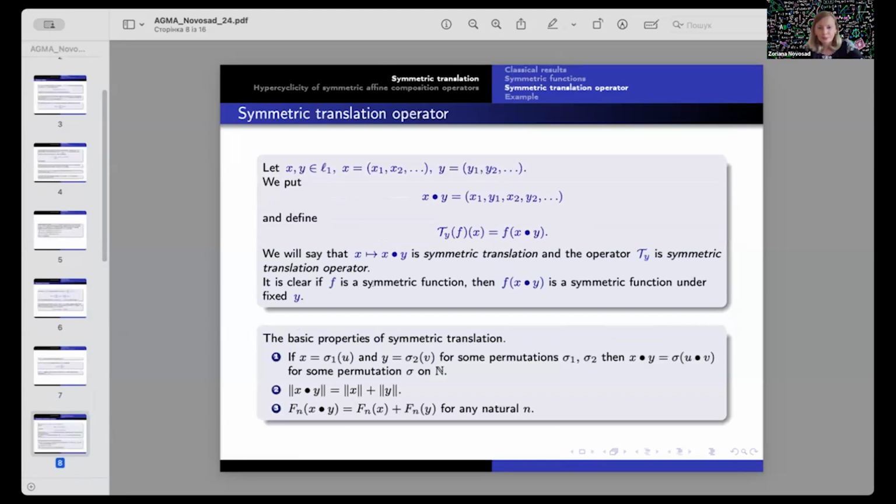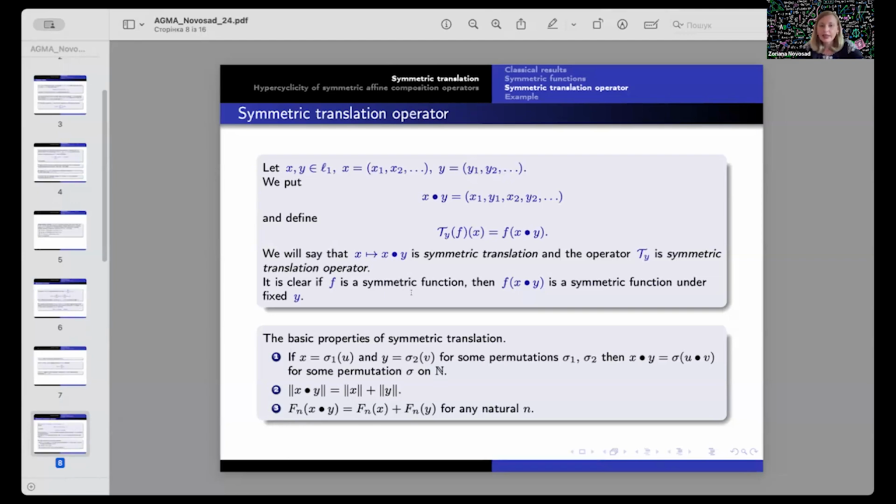We need to introduce a new operation. We call this operation symmetric translation. So if we have x, y from l1, we put x∘y for this sequence and define the operator T_y by T_y f(x) equal to f of x∘y. We say that this operation is a symmetric translation, and the operator T_y is the symmetric translation operator.